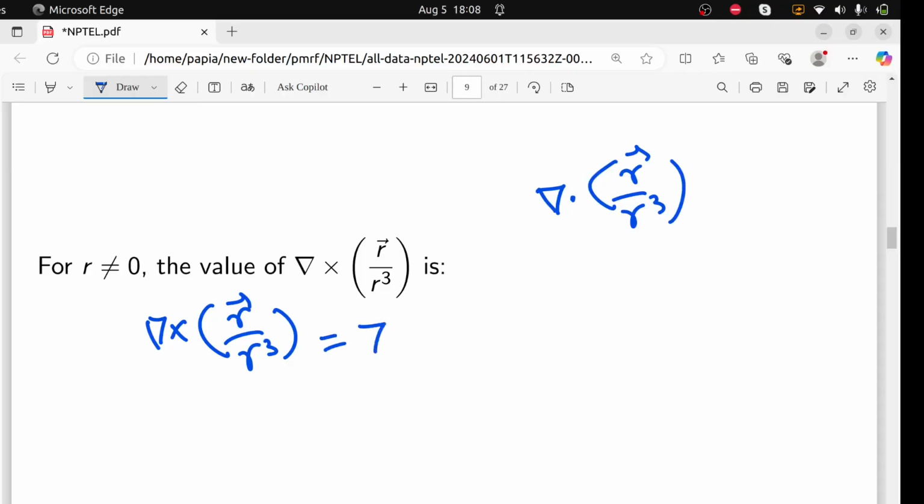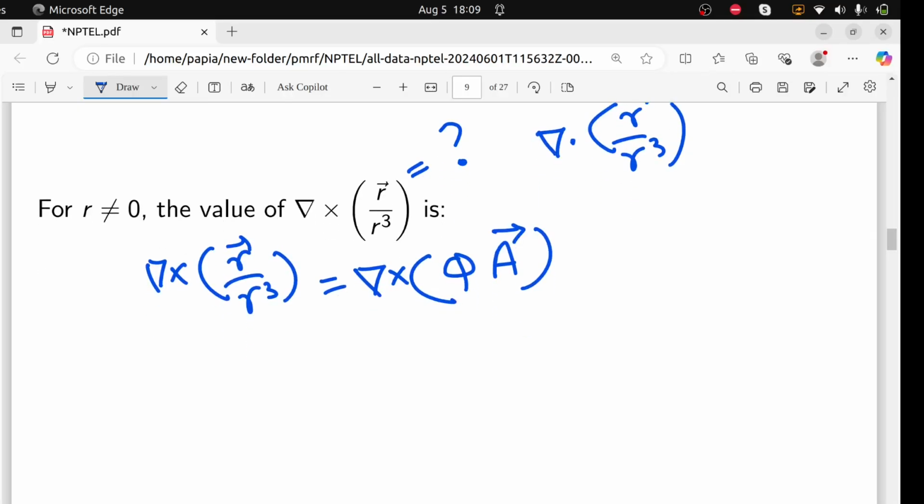They are asking for the curl. I have to calculate the value of this one. In this case, similar to the previous one, I want to expand this expression as something plus something.